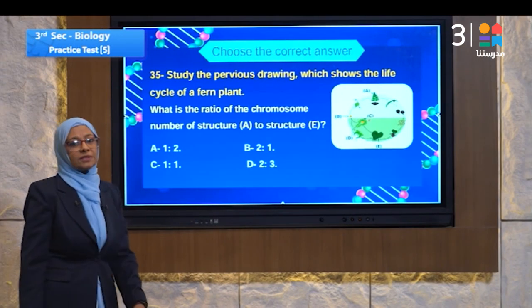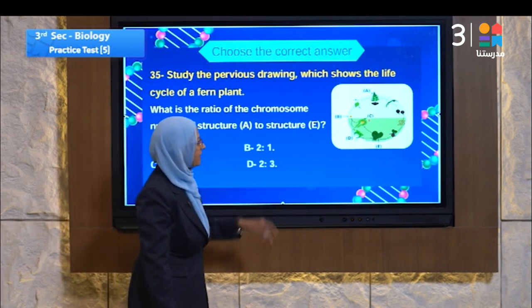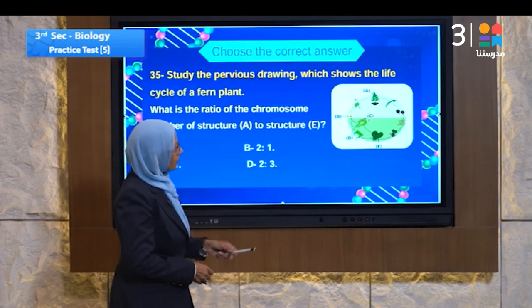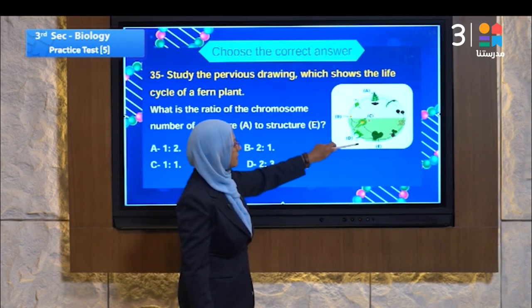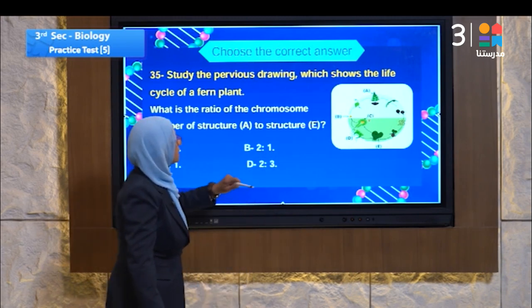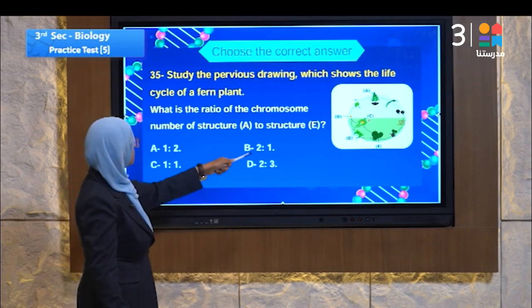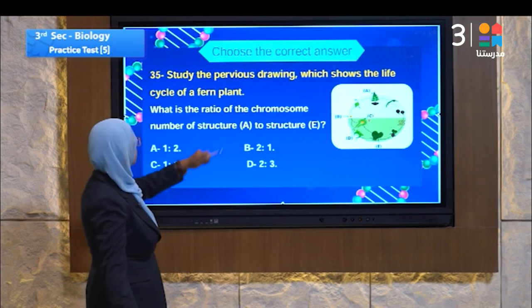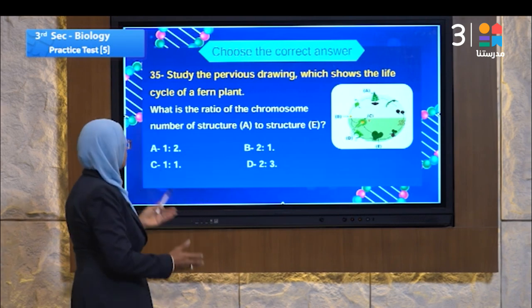Let's go to question number 35. Question number 35 contains a figure. Half of the figure is the sporophyte and the other is the gametophyte of this living organism. Let's read and see what the question needs.